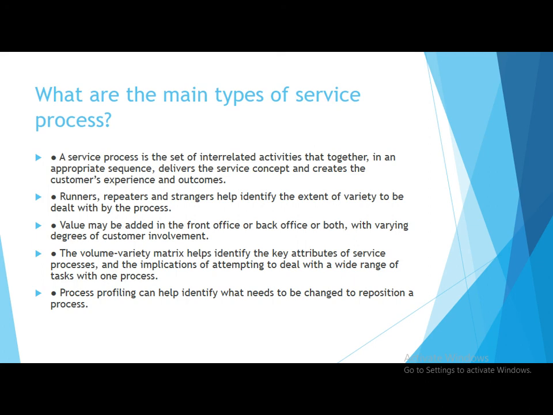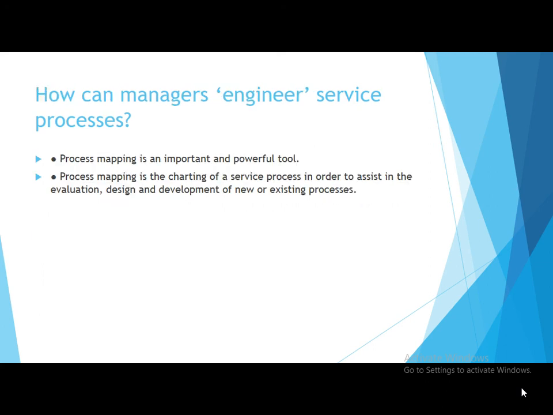Value may be added in the front office or back office or both, with varying degrees of customer involvement. The volume-variety matrix helps identify the key attributes of the service process and the implications of attempting to deal with a wide range of tasks with one process. Process profiling can help identify what needs to be changed to reposition a process.